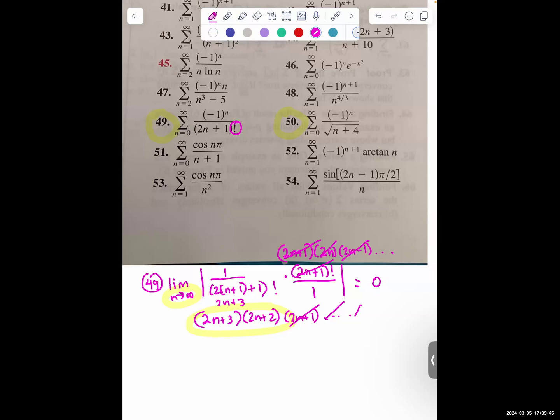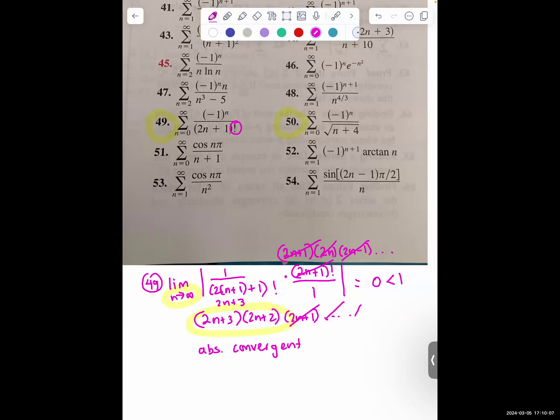Please note, we're not solving for x. At this point, we would just observe that since it's less than 1, this is absolutely convergent. Because it's absolutely convergent, we don't need to move on to AST, because absolute convergence is stronger than conditional convergence.